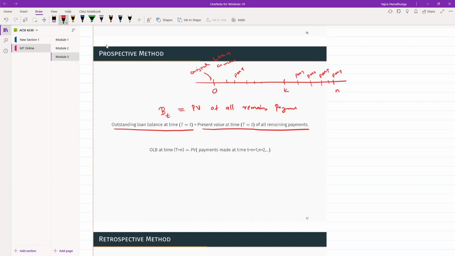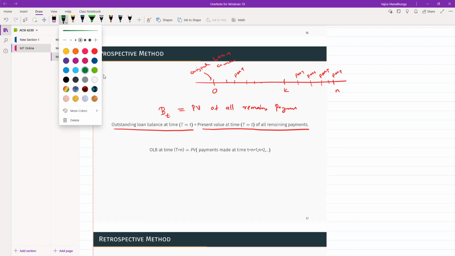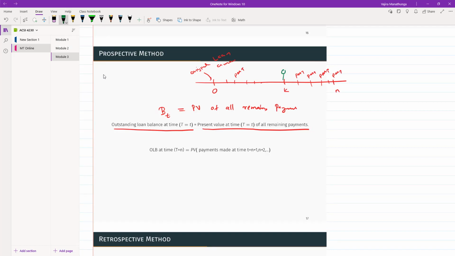So now what you want to know is the outstanding loan balance at time k. Okay, when we talk about outstanding loan balance, we don't consider the payment made at that point. So the payment made at this time point is excluded. Basically, you are looking at the balance after that payment. Now under the prospective method, what is the present value of all remaining payments?